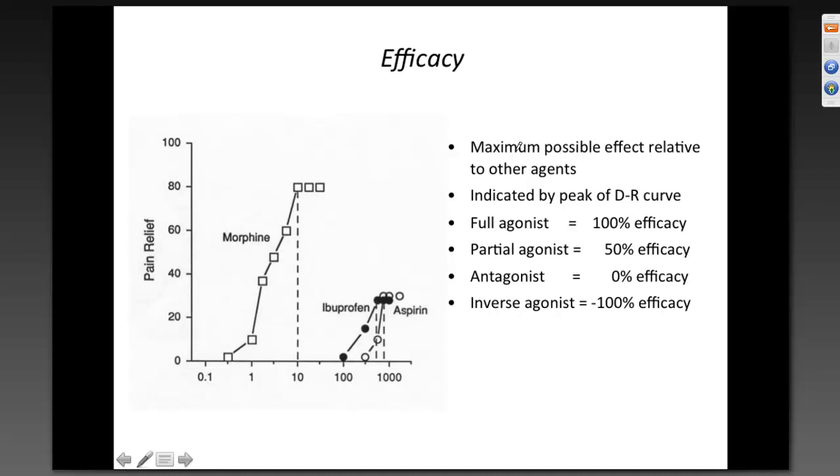That is where we can get true efficacy and say whether or not A is better than B. So efficacy is the maximum possible effect relative to other agents, even if that agent is no drug at all. Now, it is indicated by the peak of the drug response curve.